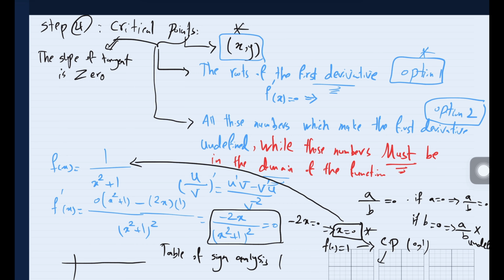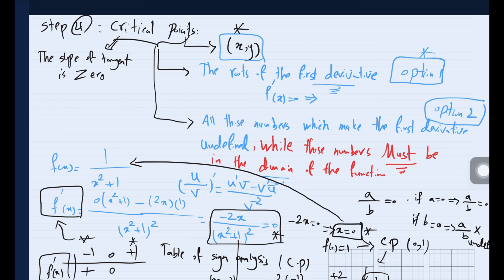So -2 times -1 is +2, and -1 squared is +1, plus 1 is +2, raised to 2 is 4, which is +1 over 2. I don't care about the value, I care only about the sign. So the sign here is positive.